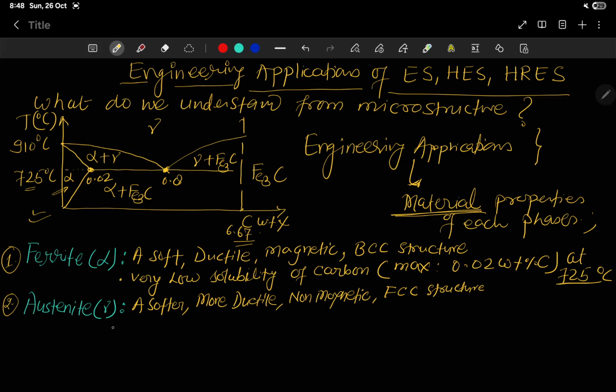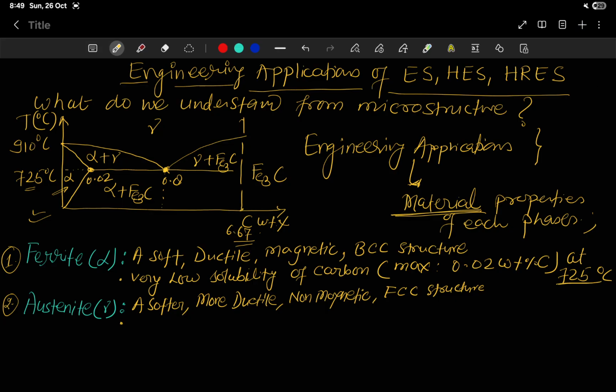One important point: in austenite we have much higher solubility of carbon, up to 0.8 weight percent for eutectoid steel.